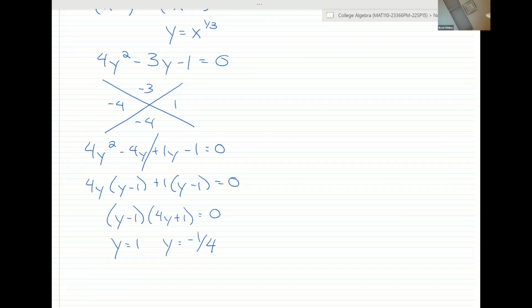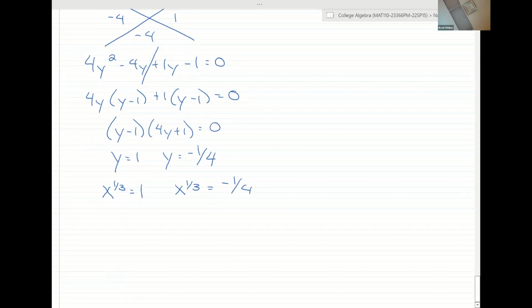Now to finish it, we just have to make our substitution. Remember, y was x to the 1/3. And 1/3 is really the cube root. So one thing we could do to finish this is just to raise both sides to a power that'll cancel out the 1/3.